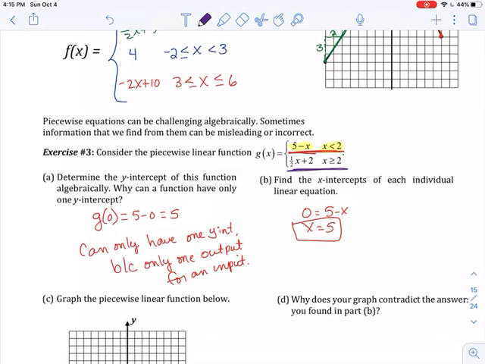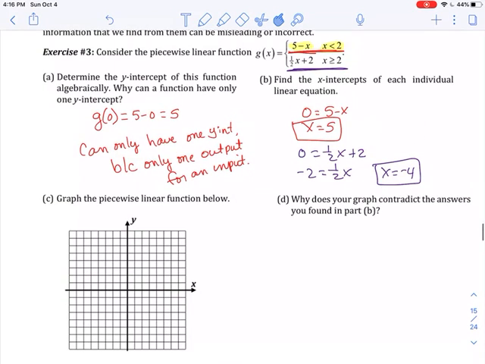Now I'll grab another color and do this one right here. 0 equals 1/2 x plus 2. I'm solving for x, so I'm going to subtract 2. -2 equals 1/2 x. And I'm going to multiply by 2 over 1. X equals -4. That's my second x-intercept.